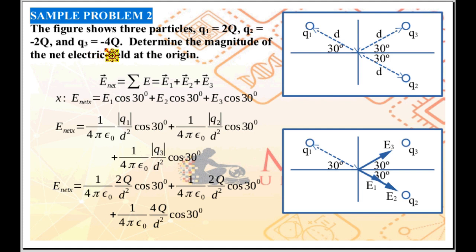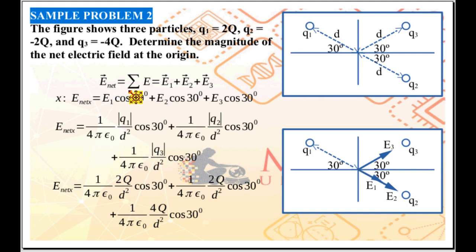Q3 is negative. The electric field that it will produce at the origin will be directed towards Q3, negative charge. You have electric field E3. So E1, E2, E3. At the origin, you have 3 electric fields.